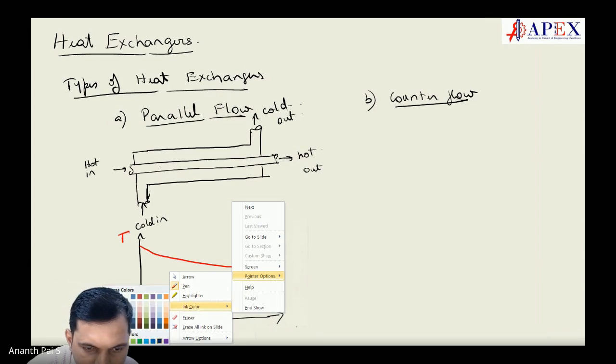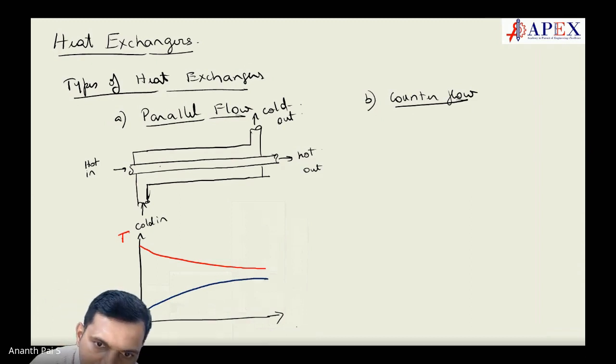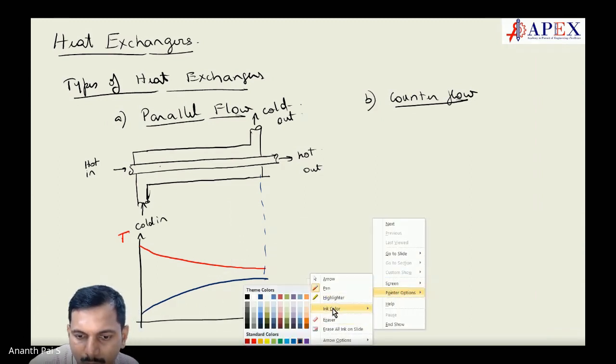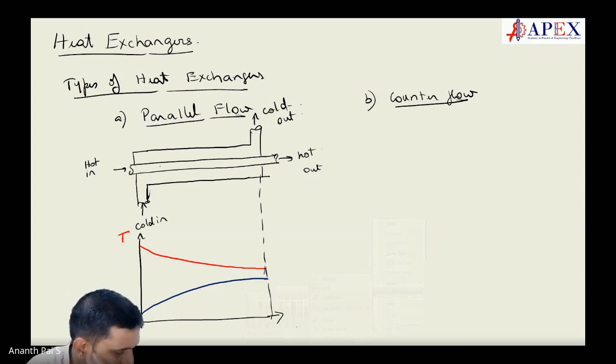So the cold fluid heats up, the hot fluid cools down, and the lines are like this. This is how the parallel flow is.